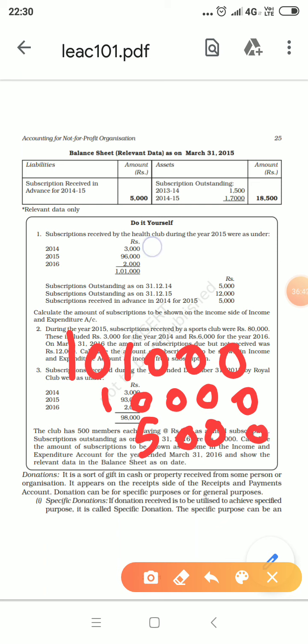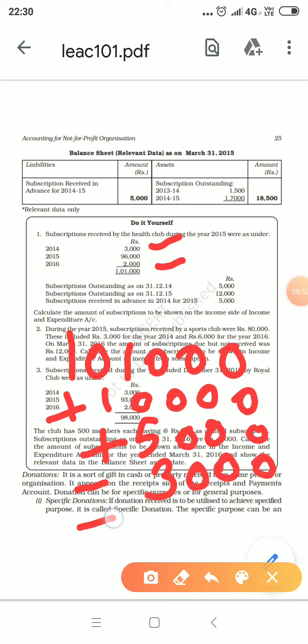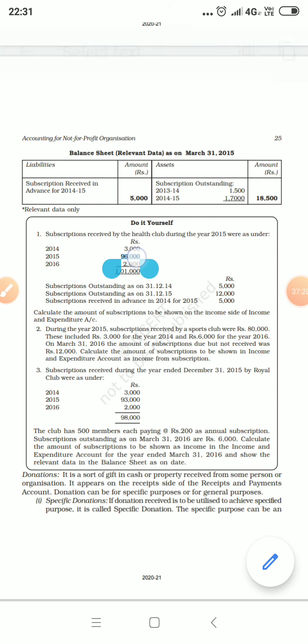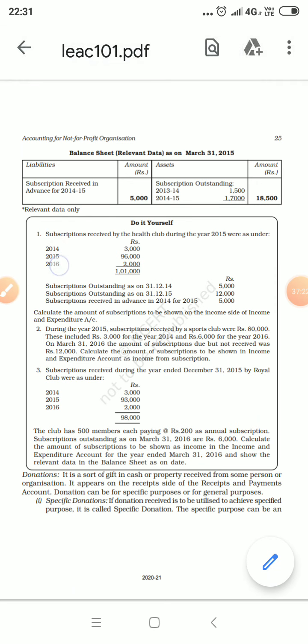Then I have to subtract 3,000 and 2,000: minus previous year's outstanding received during the current year, 3,000, minus current year's advance which belongs to next year, 2,000. So 3 plus 2 is 5, plus 5 and minus 5 cancelled. So 1,01,000 plus 10,000, the answer is 1,11,000. In both ways you will get the same answer. The shortcut method can be used only when the split up is given, when 3 years amount is given.